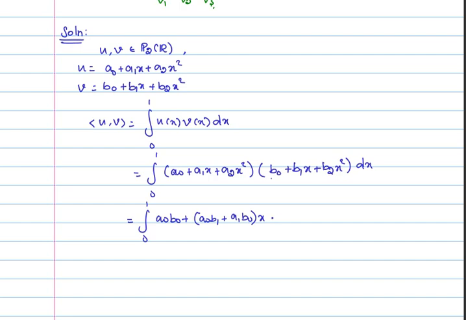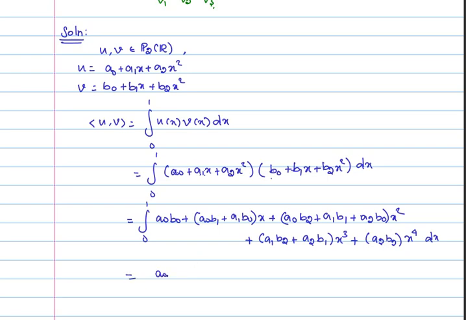They are a0 times b2 plus a1 times b1 plus a2 times b0. Then the x cube term is a1 times b2 plus a2 times b1 times x cube, and finally the x power 4 term is a2 times b2 times x power 4, dx.